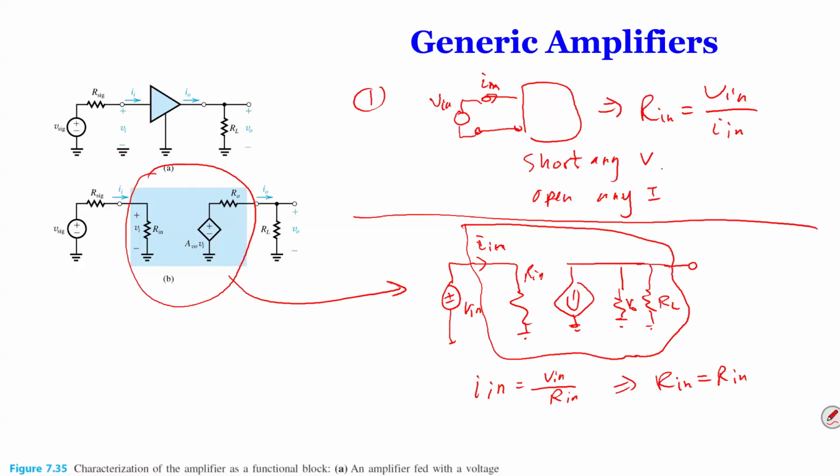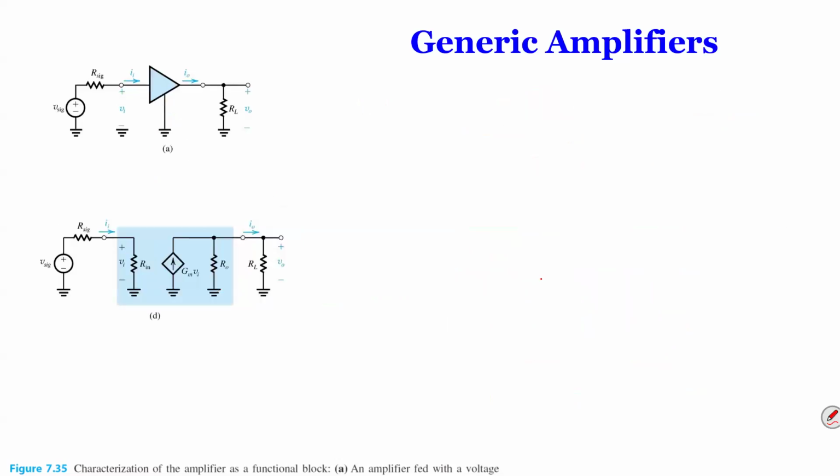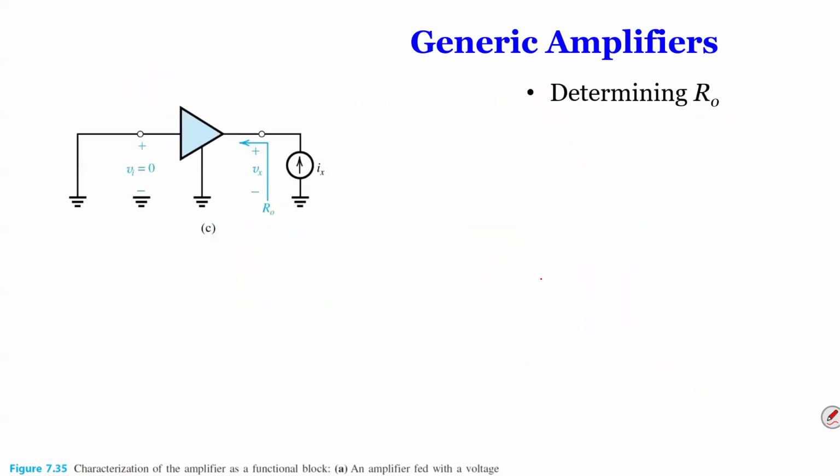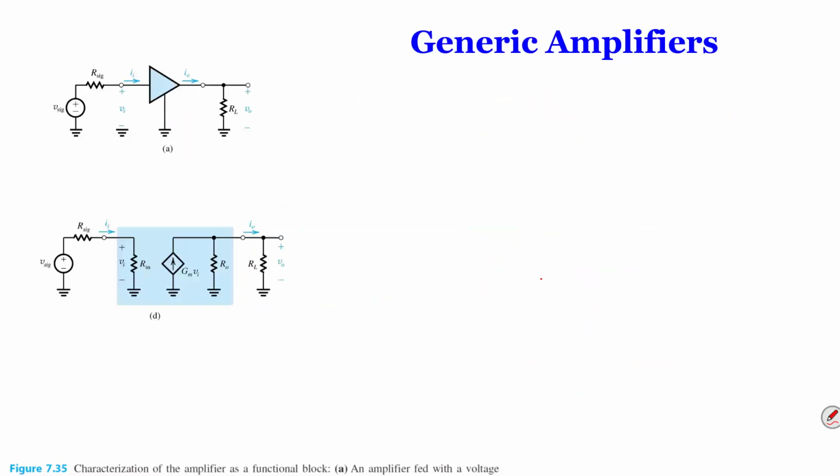Now for output resistance, it's going to be a little bit tricky. To get output resistance, for any black box, we can apply a voltage like VO, and we get IO, or maybe we should use lowercase.